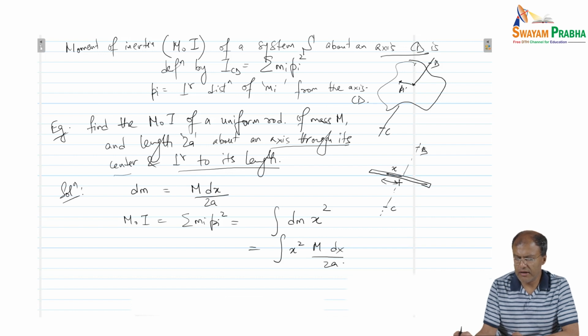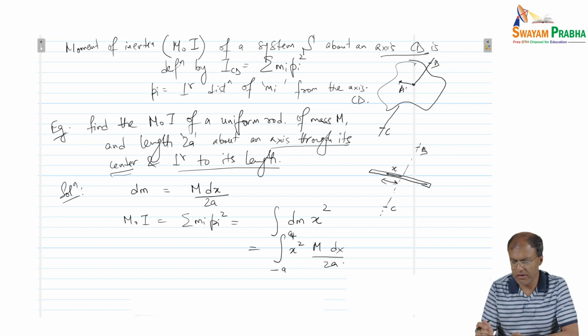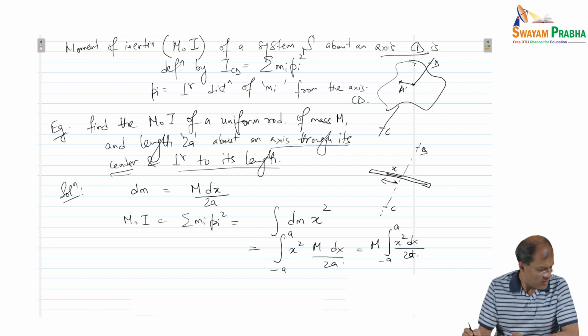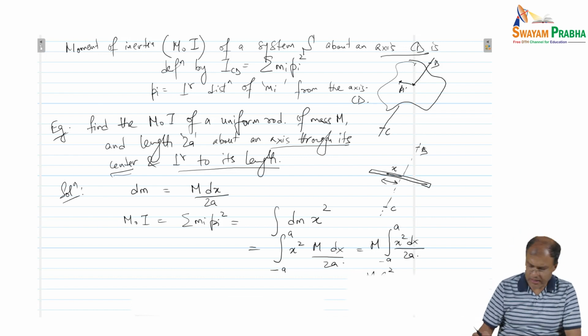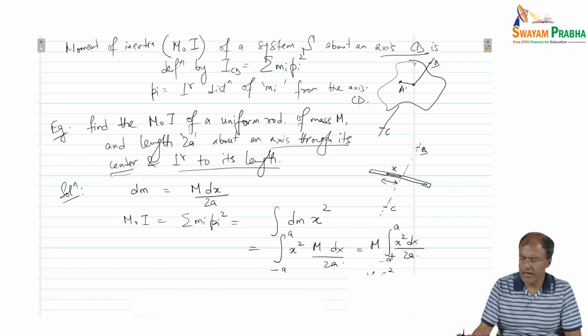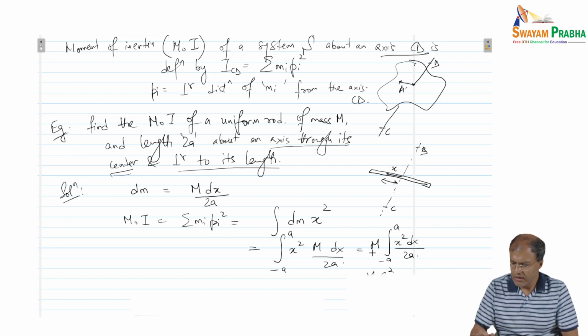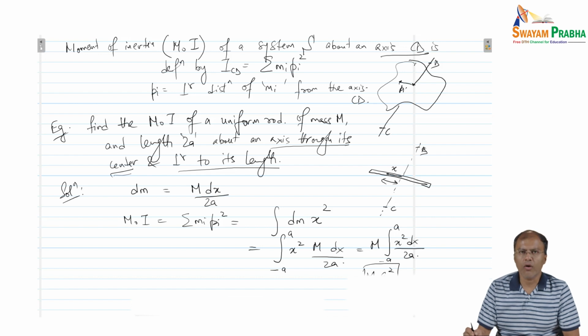Since this axis is passing through the center, the integration will be from minus a to a. So this is m times integral from minus a to a of x square dx by 2a. And the answer is m a square by 3. We integrate x square dx, we get a 1 by 3. So that's for the rod.